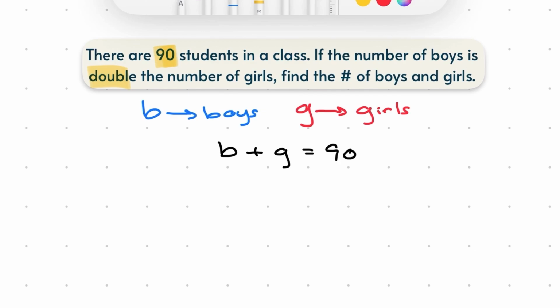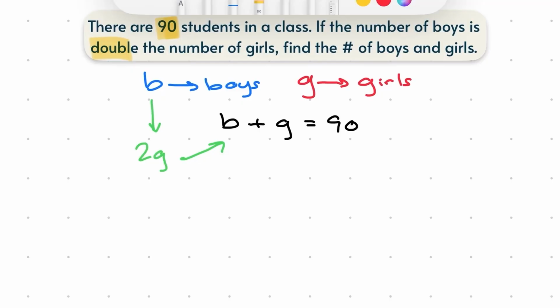We need to use the fact that the number of boys is double the number of girls. This tells us that B is the same thing as 2G. So what we can do now is substitute this back into our equation. And we get that 2G plus G equals 90.